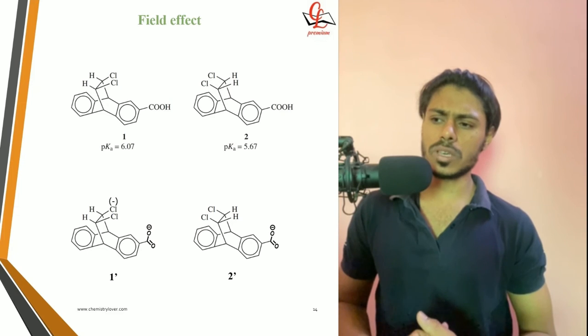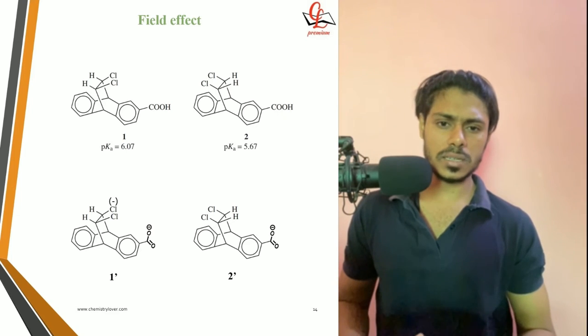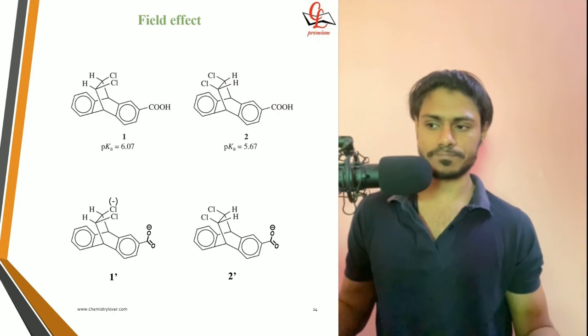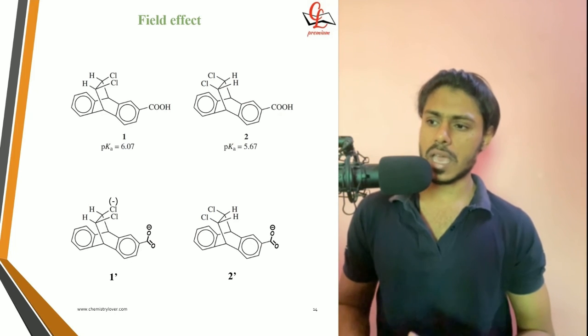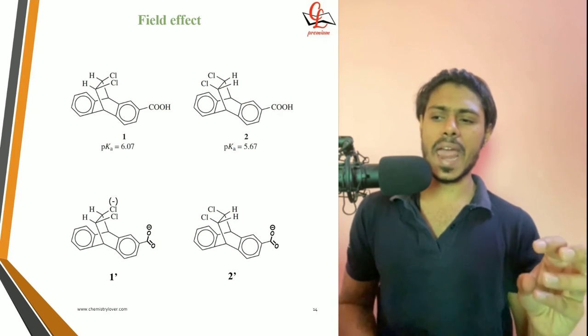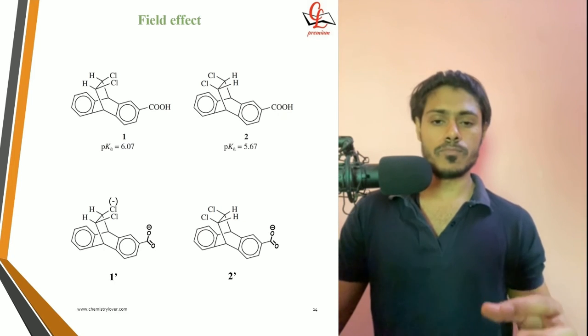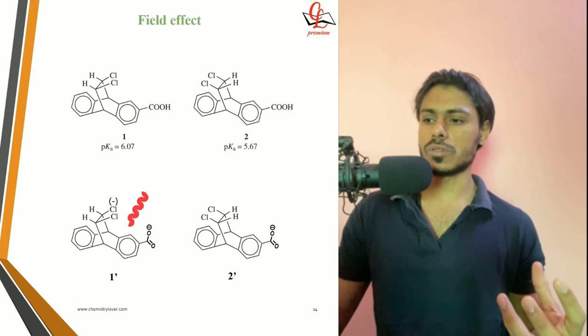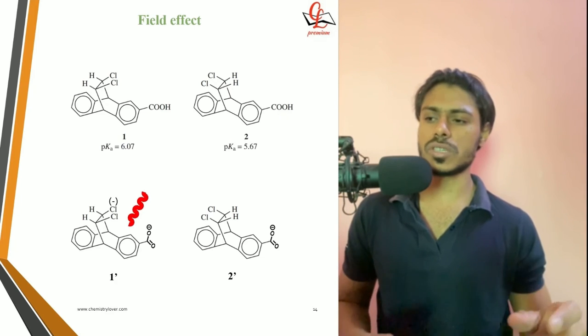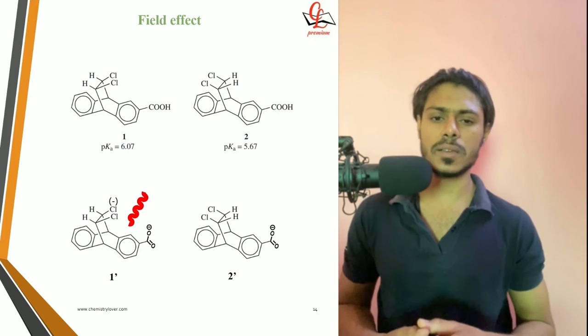Now in the case of molecule 1, you can see the chlorine atom is negatively polarized. It is called dipole moment effect or dipole effect. Because the chlorine atom and the C double O minus group are on the same side, there is a coulombic repulsion between them, represented by that red thing.